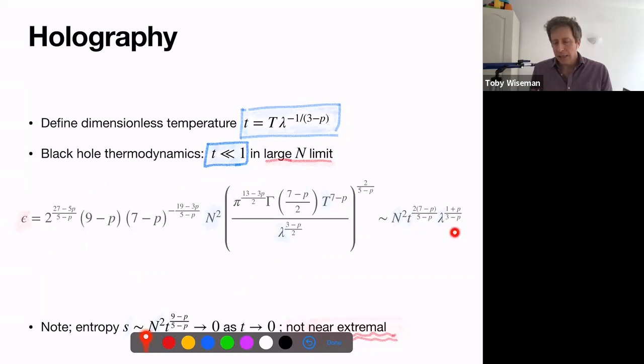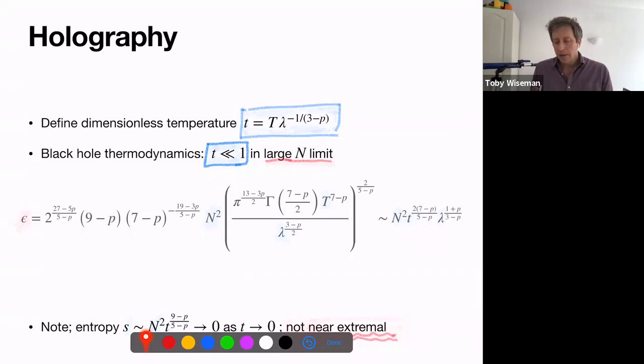And parametrically, it looks like this. So you have an n squared dependence, which is what you expect, I suppose, naively. And you have some rather peculiar power law dependence on this coupling t. And then here lambda just makes up the units in this expression.